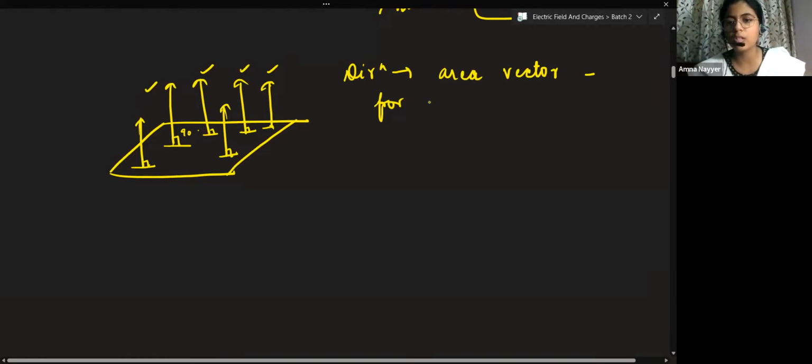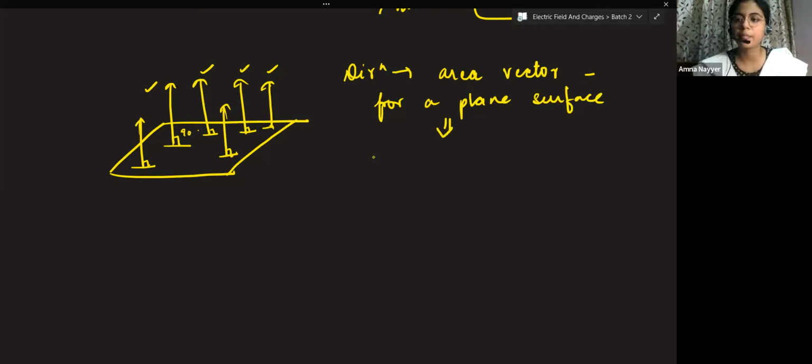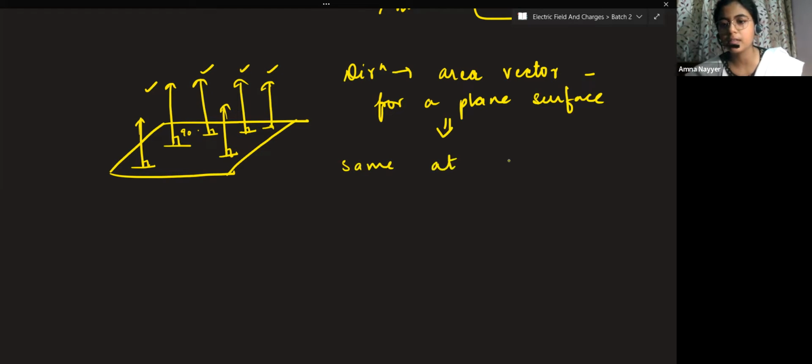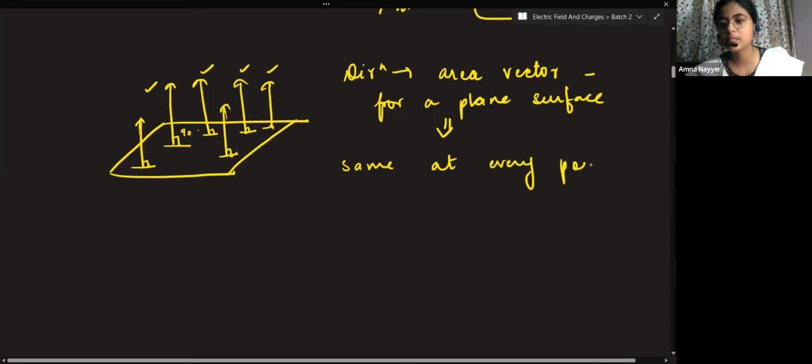I'm talking about a plane surface. For a plane surface, this is the same at every point. So this was regarding a plane surface.